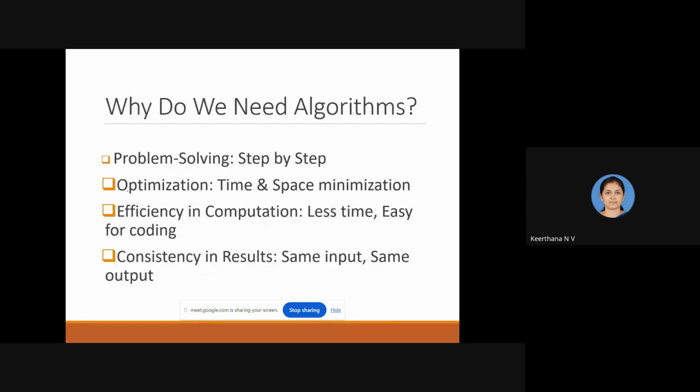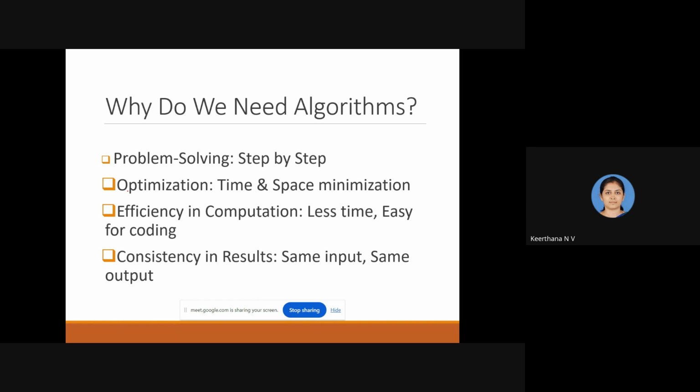Why do we go for an algorithm? If you want to find a solution, you have to find it in a step-by-step manner. These problem-solving techniques are written using an algorithm in a step-by-step manner. So for problem solving, the first thing you need is to write an algorithm. Second one is optimization.